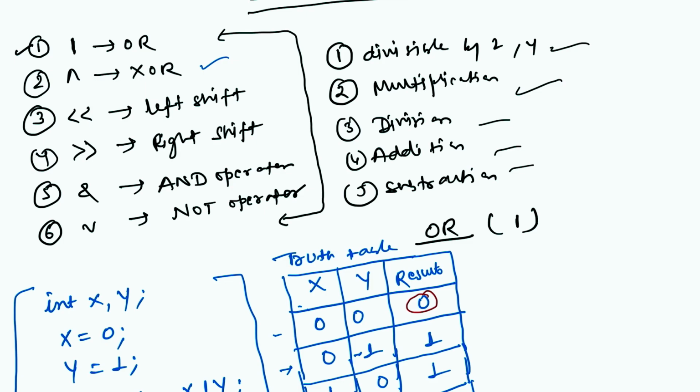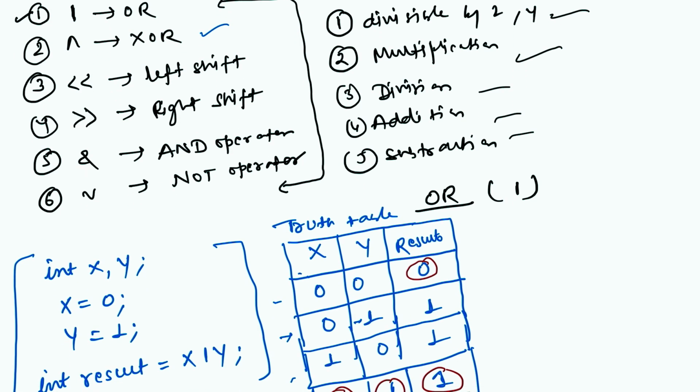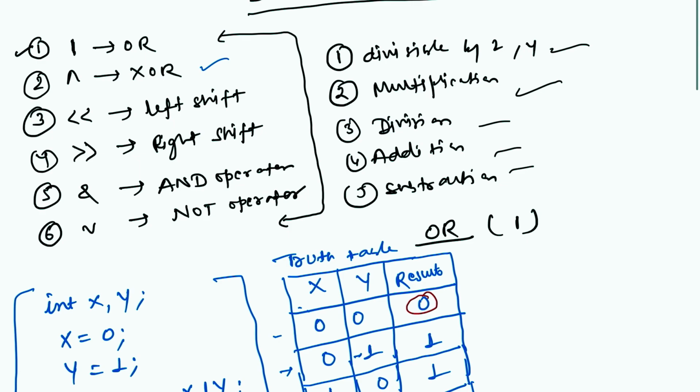In the next video, I will cover the compilation stages, and how the bitwise operators optimize our code, and why in embedded systems we prefer bitwise operators. These are the questions I will cover.